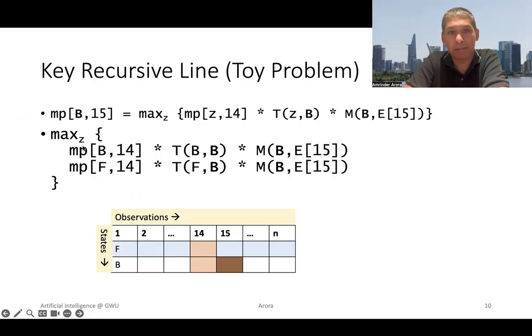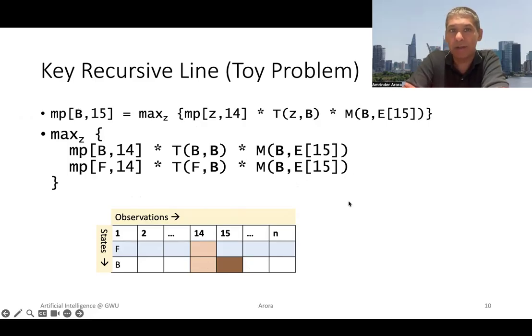So essentially looking at the maximum over these two values: B14 times transitioning from biased to biased times the emission of B15, or F14, the previous cell, transitioning from fair to biased, and then displaying B E15.